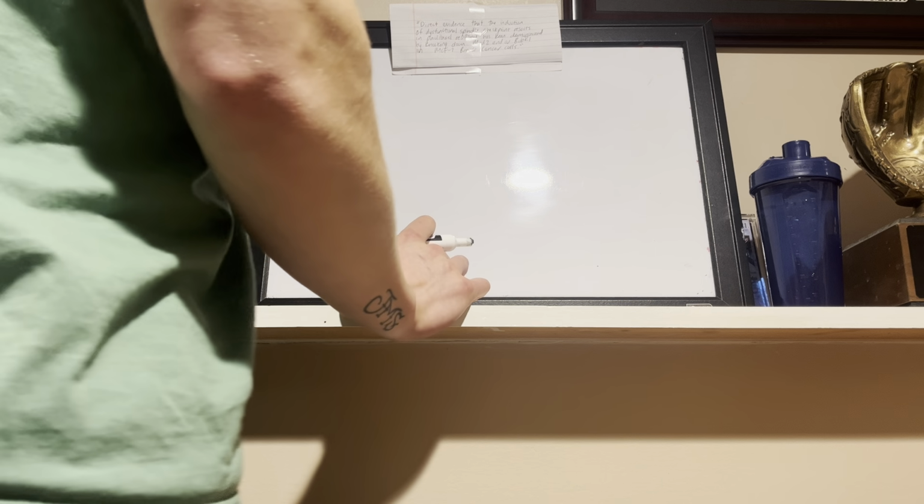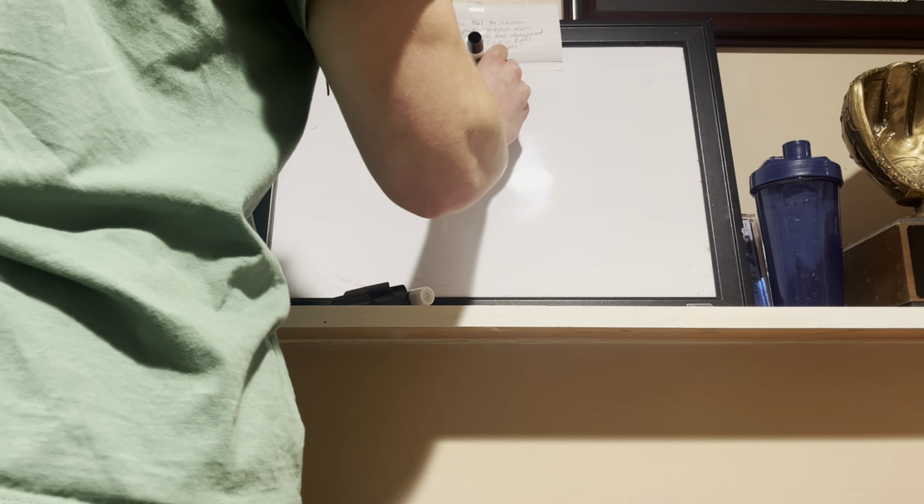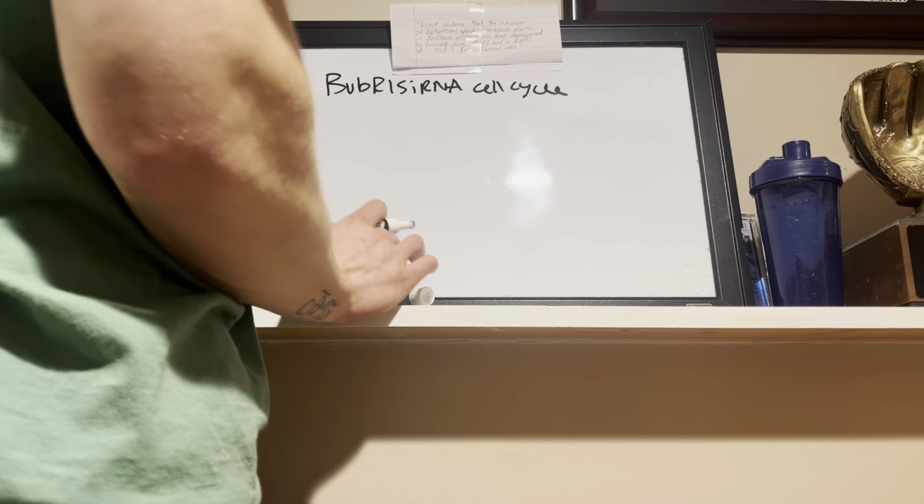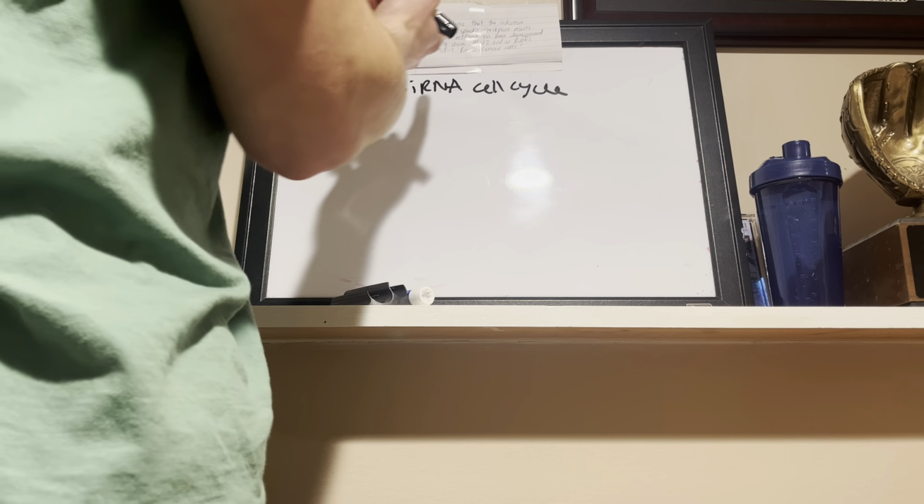What would you expect for question 3, the cell cycle to look like for, let's just say, the cells that have been treated with BUB-R1 siRNA? So as we said earlier, BUB-R1 is involved in a spindle checkpoint. It has a function in the spindle checkpoint process.